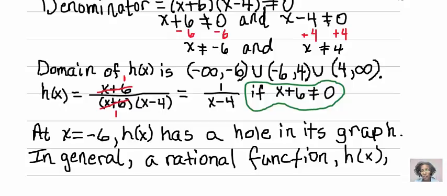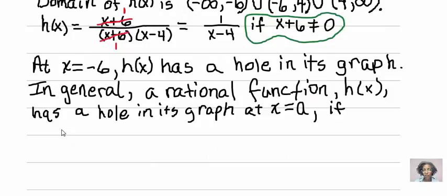A rational function, h of x, has a hole in its graph at x equal to a if h of a equals, so you substitute a in place of all your x's, and the result is 0 over 0.